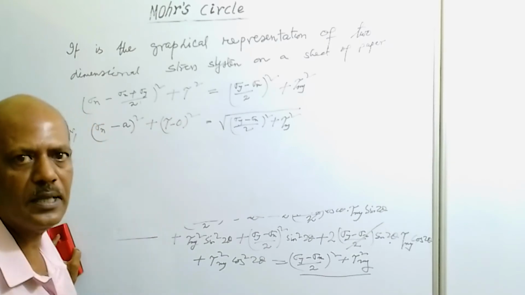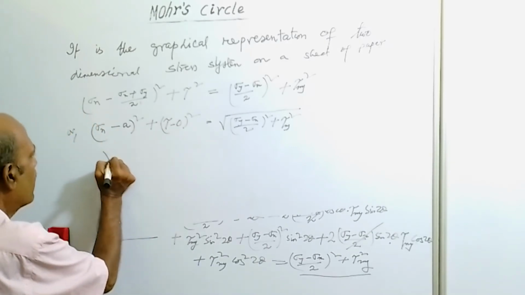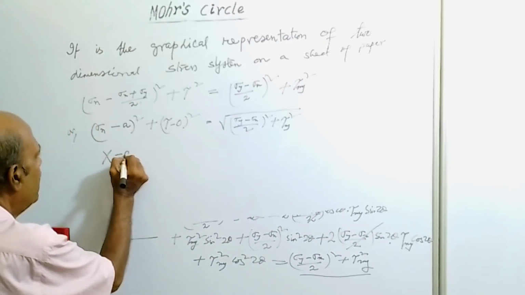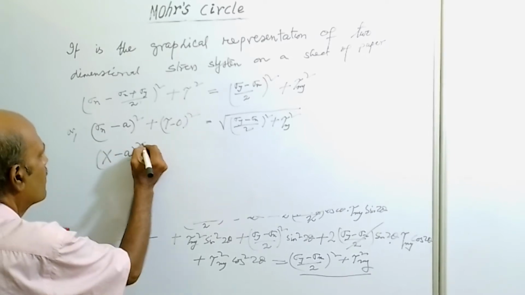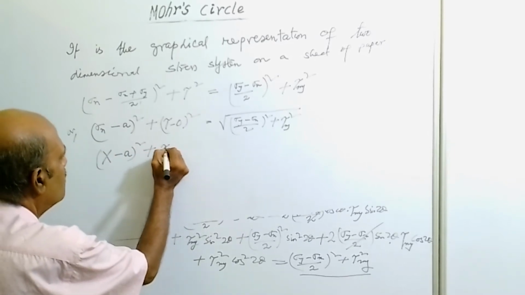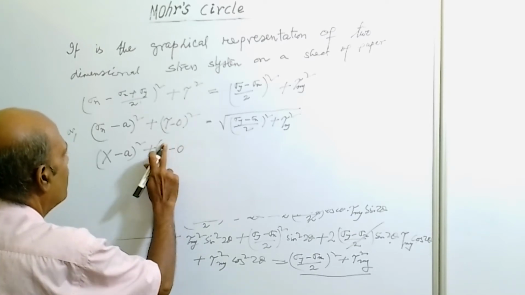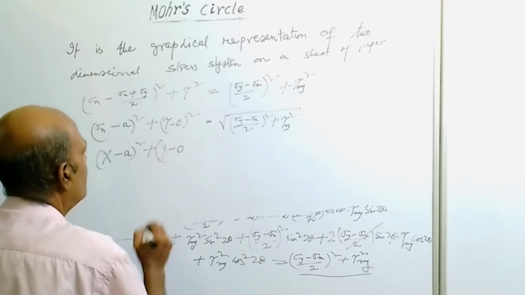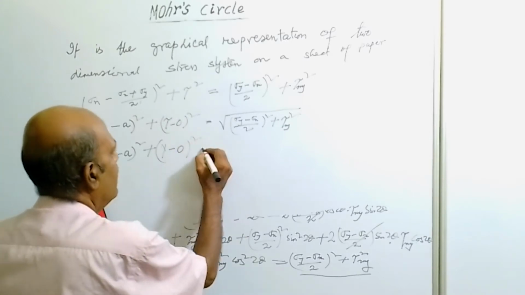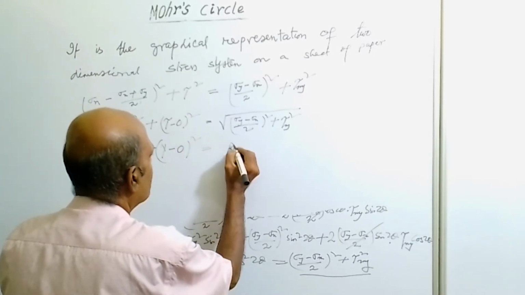Now this is the same equation as (X minus a) whole square plus (y minus 0) whole square is equal to r square.